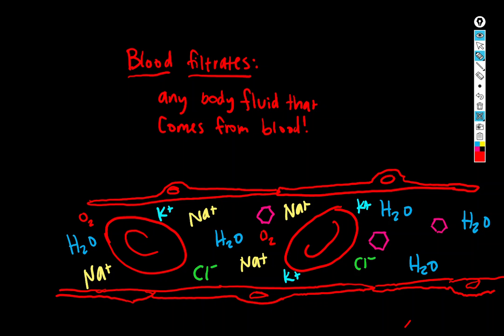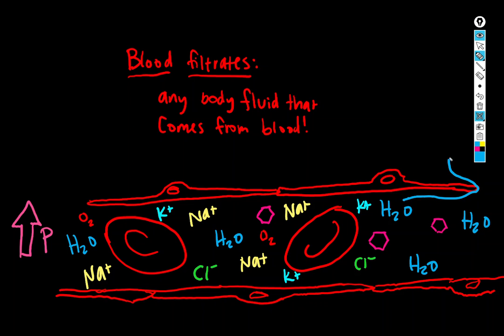So if I want to create a body fluid that is watery, one thing I can do is have the pressure inside of a capillary bed be increased somehow, typically by changing the diameter. And that's going to cause stuff to leak out.